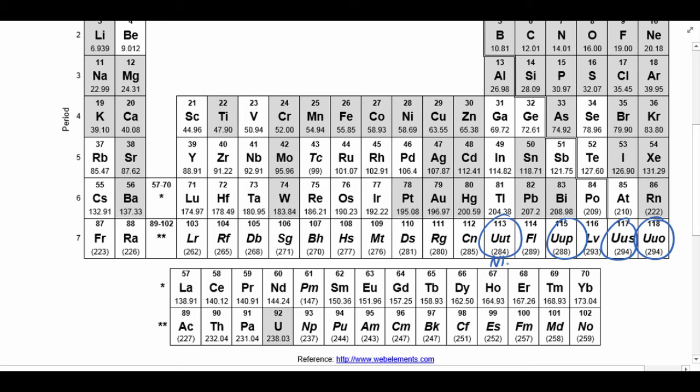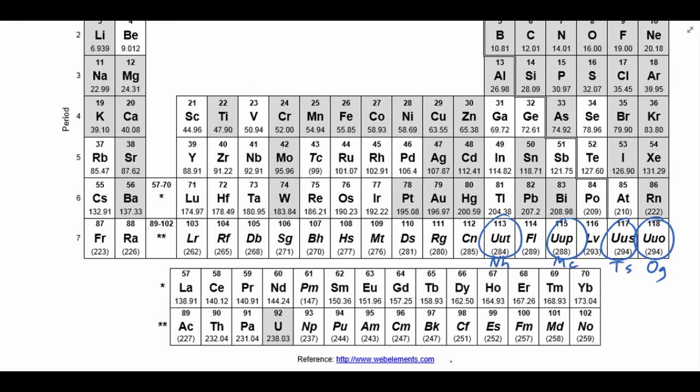And 115 is? Mc. 117 is? Ts. And 118 is? Og. I don't even remember what they all come from, but these are the ones that we have assigned names and symbols to. This was confirmed in just the last 3-4 months.